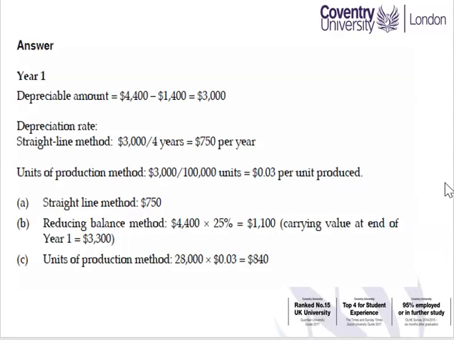So here is the answer. As I said earlier, on the straight line method, first we work out the depreciable amount, which is $3,000. Straight line depreciation means we take the $3,000 divided by 4 years, which is $750 per year.